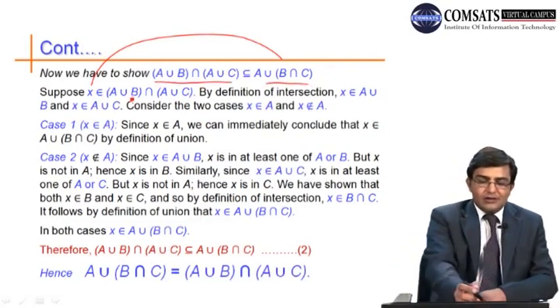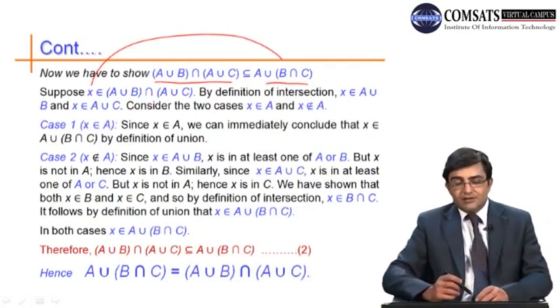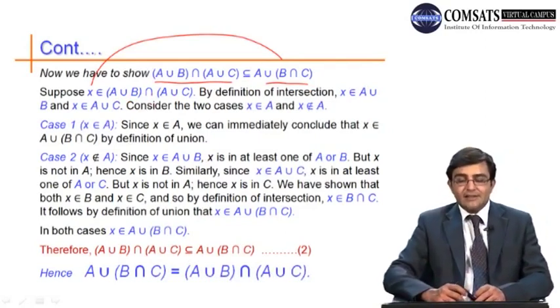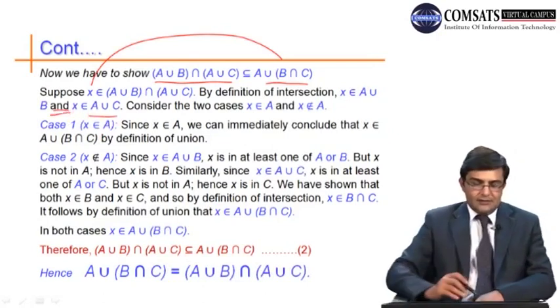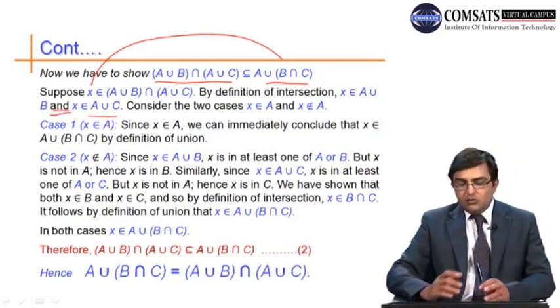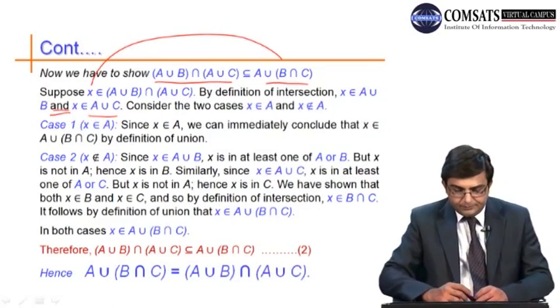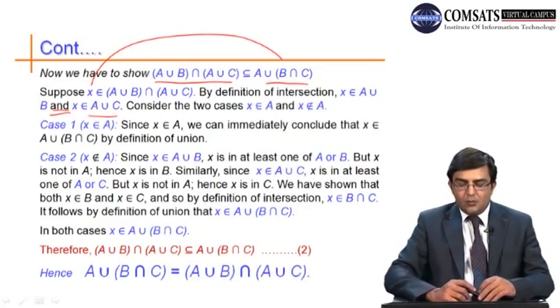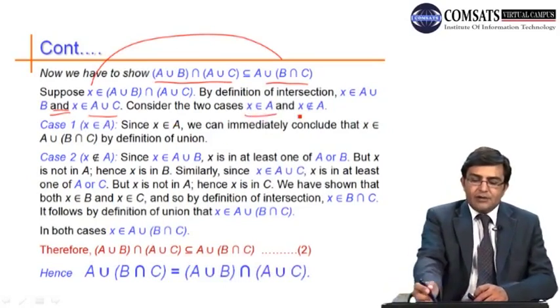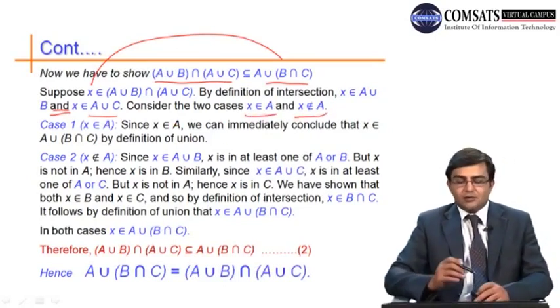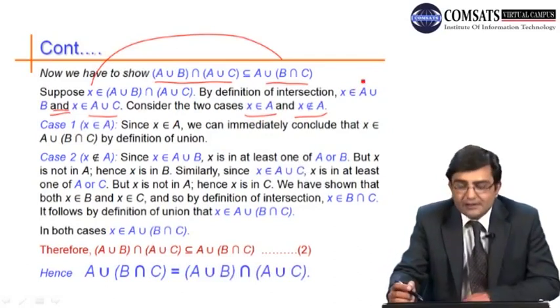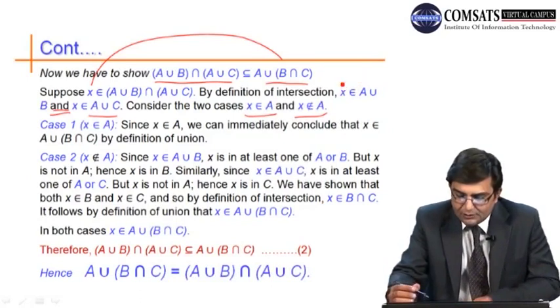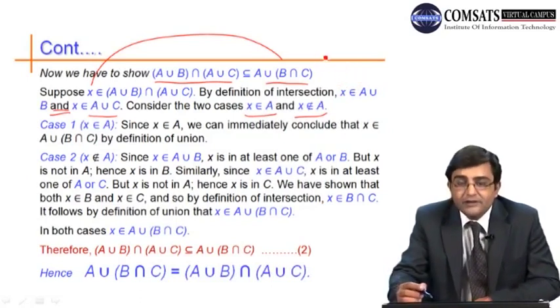So we choose X belongs to A union B intersection A union C. Then by the definition of intersection, X belongs to A union B and X belongs to A union C. Now we have two cases in this case also. How? Consider the two cases: X belongs to A and X doesn't belong to A. Why? Because if we succeed in proving that X belongs to A, then we are done.